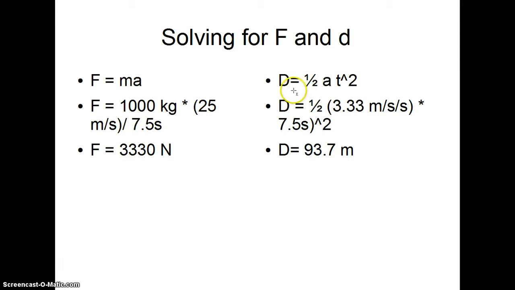So we can plug in the values for the acceleration, which we got from Newton's second law over here, and that's 3.33 meters per second squared, multiplied by 7.5 seconds squared, and don't forget the 1/2, and we get a displacement of 93.7 meters.